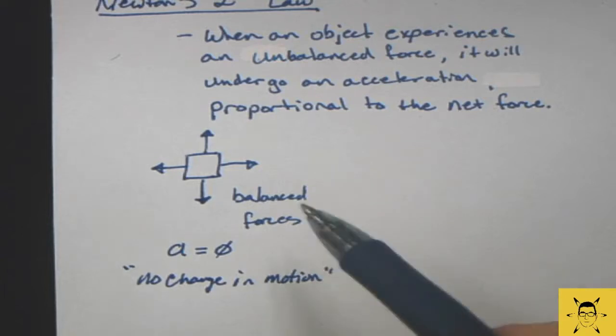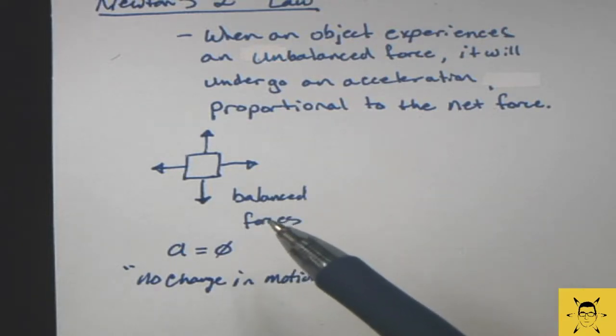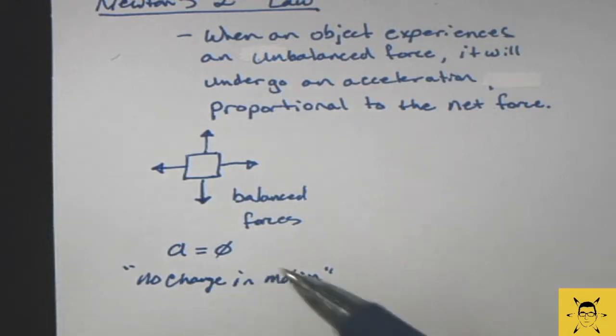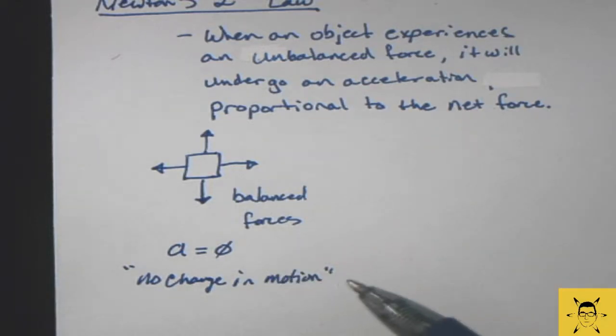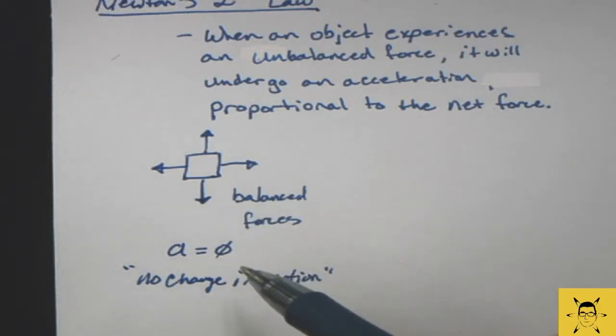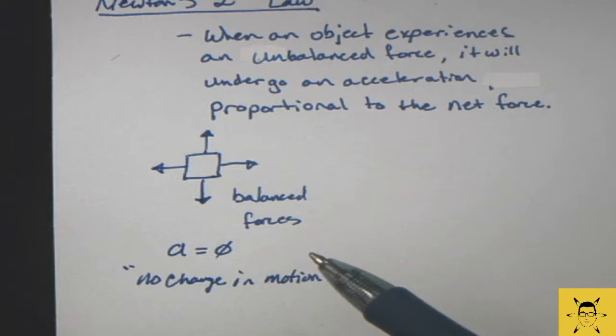That doesn't mean that it's not moving. It just means that its motion isn't changing. It could be traveling at a constant velocity. It could be not moving at all. But whatever the case is, if all of the forces are balanced, then it's not changing its motion. Its velocity is not changing. It's not increasing or decreasing.